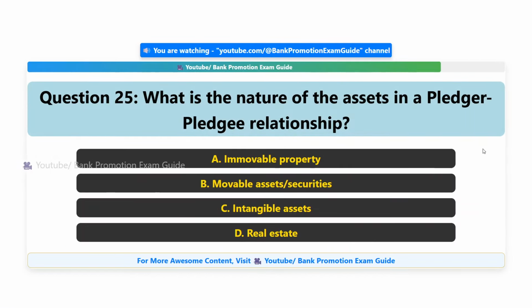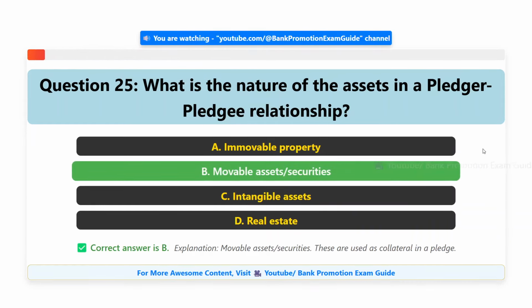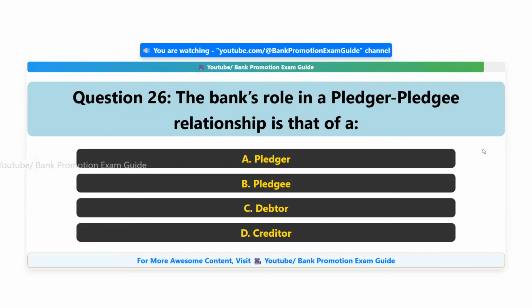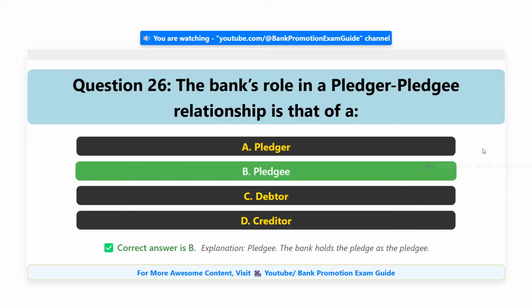Question 25. What is the nature of the assets in a Pledger-Pledgee relationship? Movable assets securities. These are used as collateral in a pledge. Question 26. The bank's role in a Pledger-Pledgee relationship is that of a pledgee. The bank holds the pledge as the pledgee.